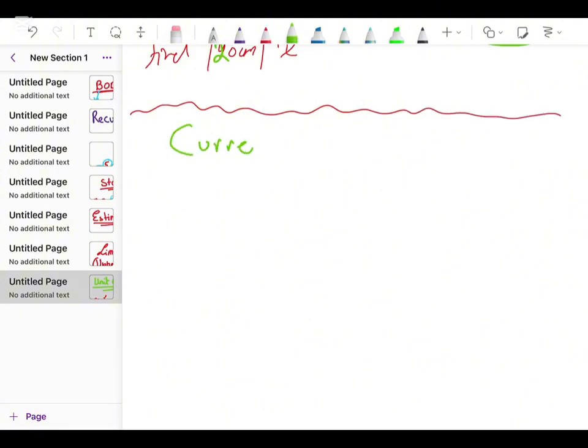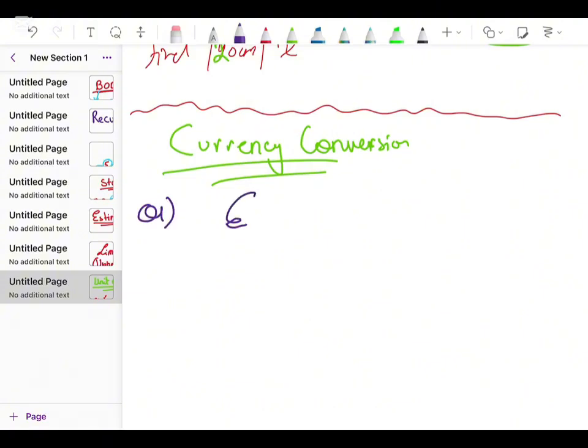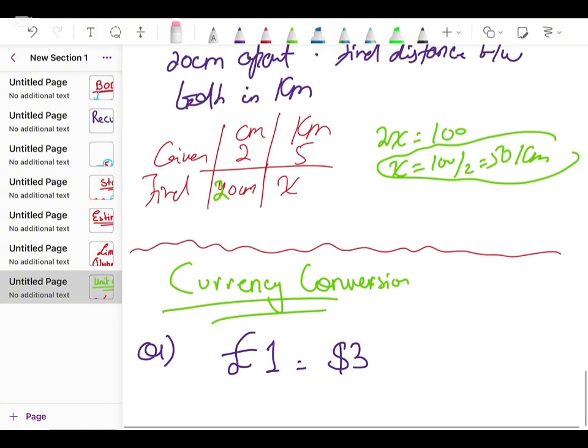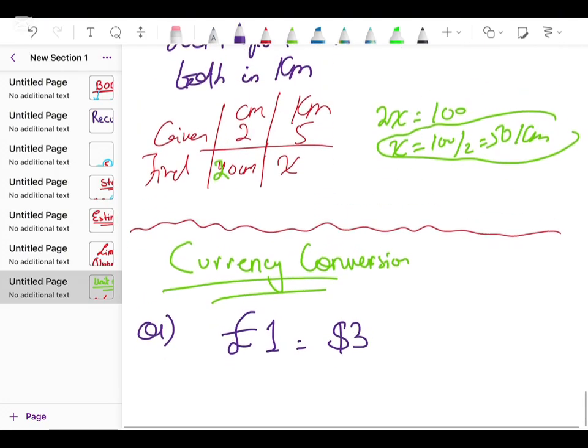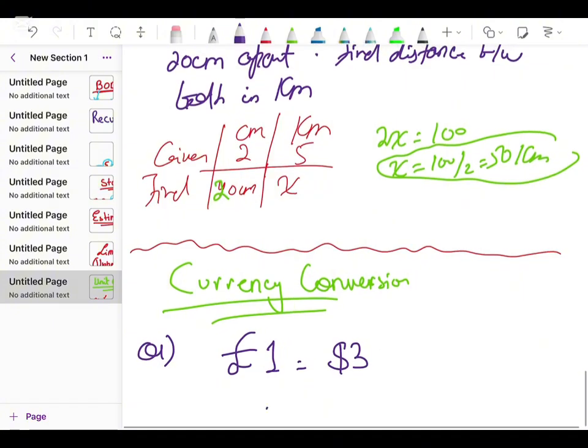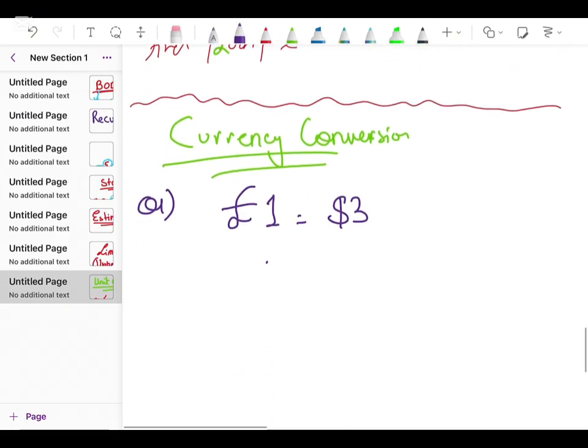So currency conversion. So now for example the question is, 1 pound is equal to $3, and 1 pound is equal to Pakistan rupees 180.